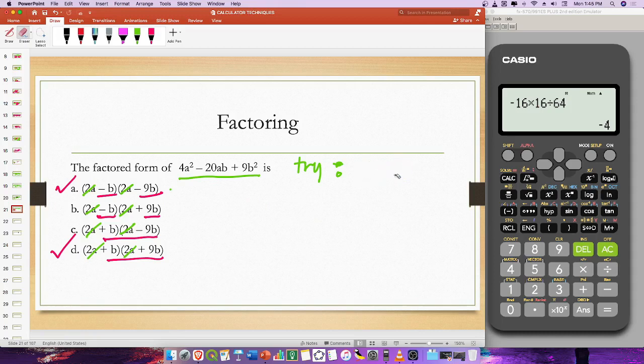Let's say the value of A and the value of B, both of them will be changed to a certain value.